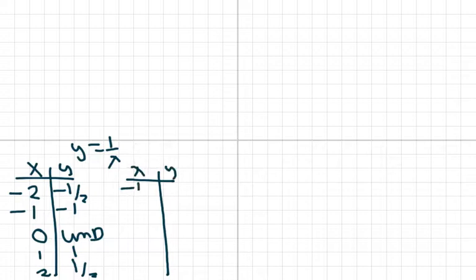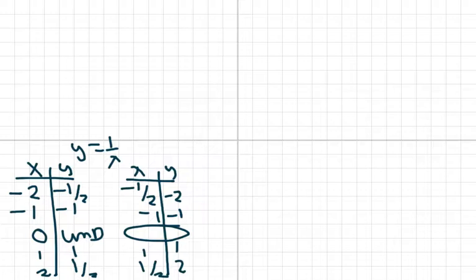So negative 1/2 maps to negative 2. We don't have anything here, and 1/2 goes to 2. So negative 1/2 on the x goes to negative 2.